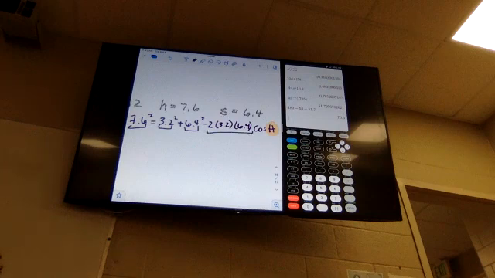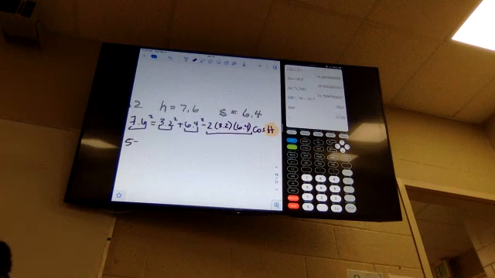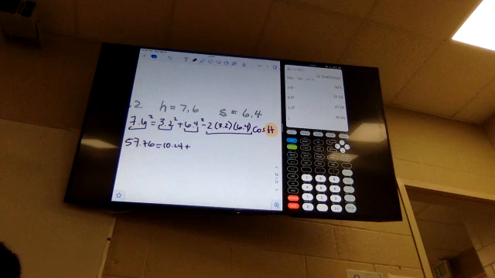I'm just going to start by simplifying those. 7.6 squared is 57.76. 3.2 squared is 10.24. 6.4 squared is 40.96. 2 times 3.2 times 6.4 is 40.96. Cosine of h.